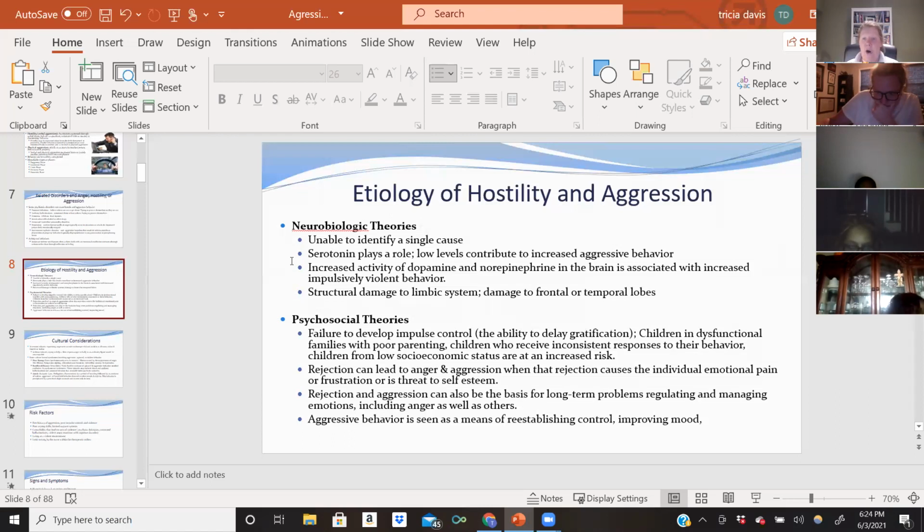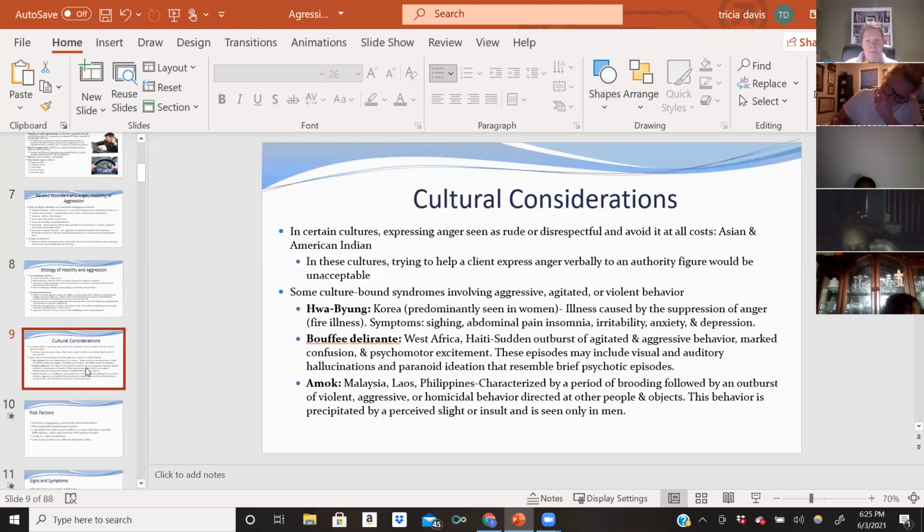Rejection and aggression can also be the basis for long-term problems regulating and managing their emotions, including anger. And then aggressive behavior is seen as a means of reestablishing control and improving the mood. So sometimes people that are aggressive and controlling, it boosts their self-esteem, it makes them feel better about themselves. And if they feel like they're in control, that's very satisfying for them.